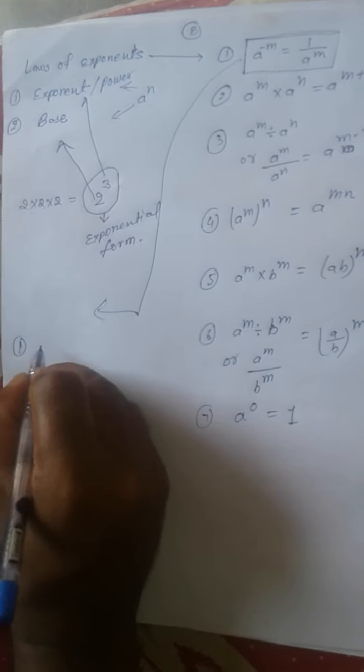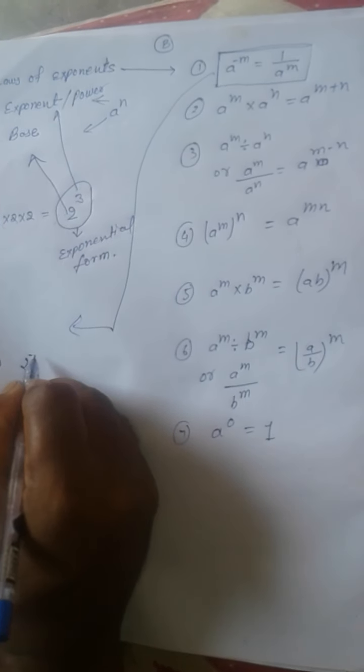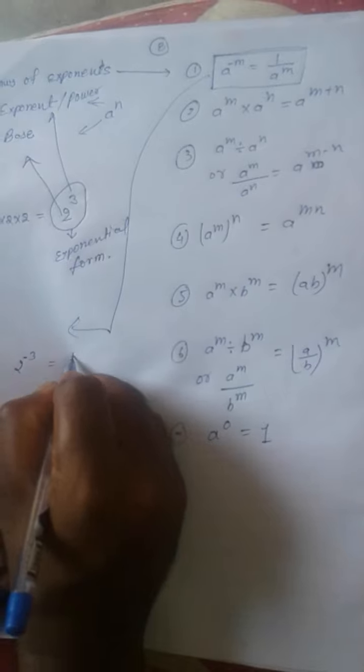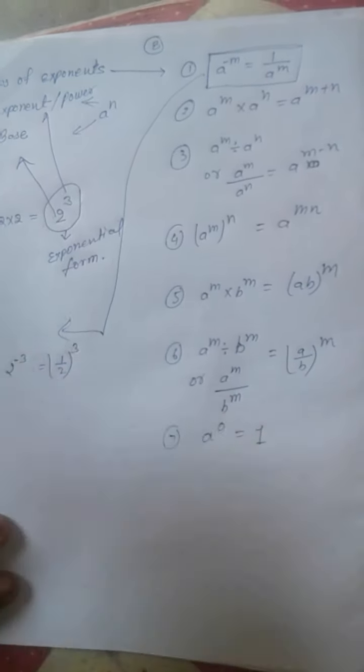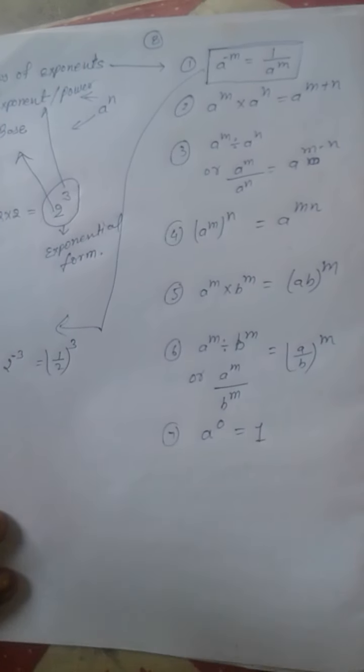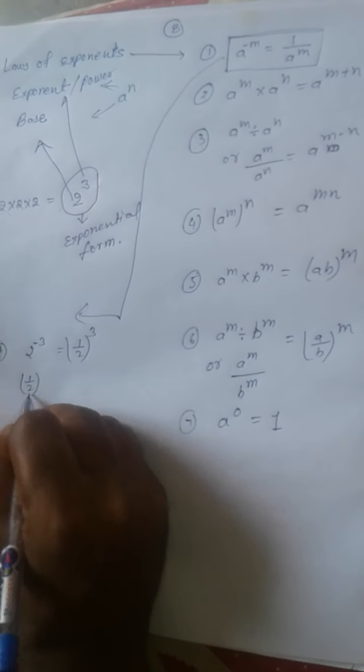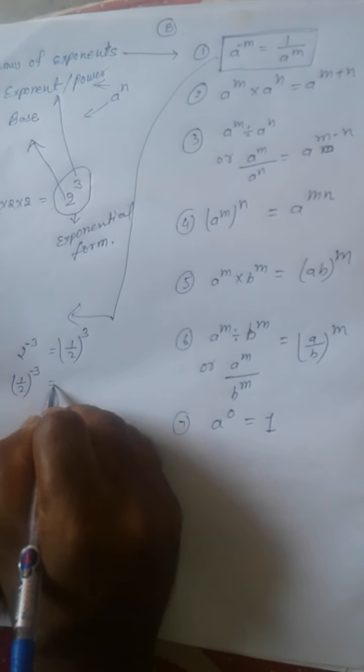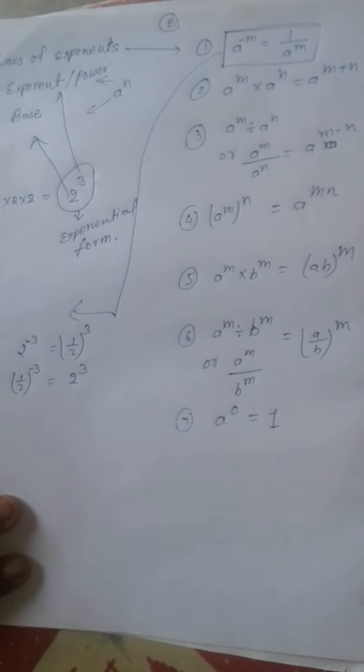For the first example, 2 to the power minus 3 means what? 1 upon 2 to the power 3. Or its opposite, 1 upon 2 to the power minus 3 means what? 2 to the power 3.